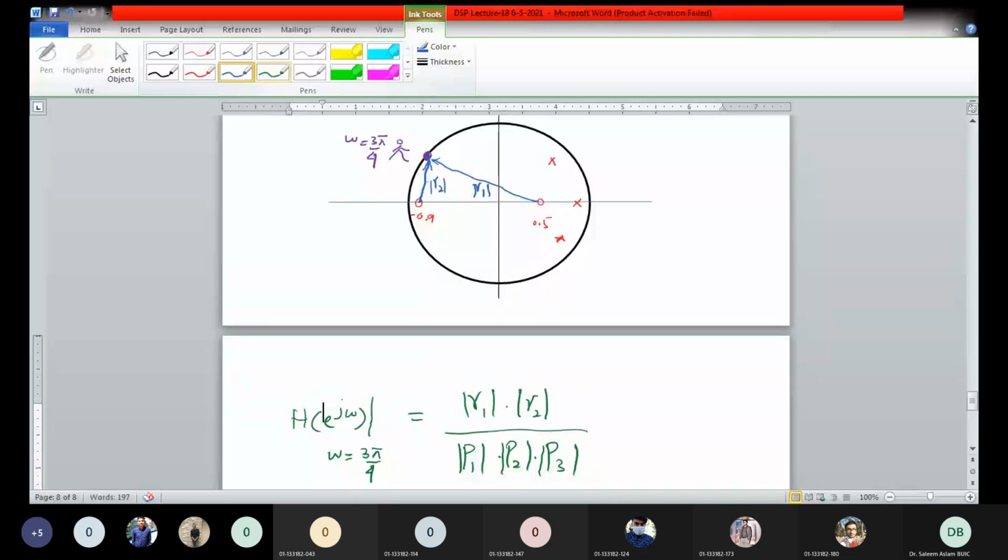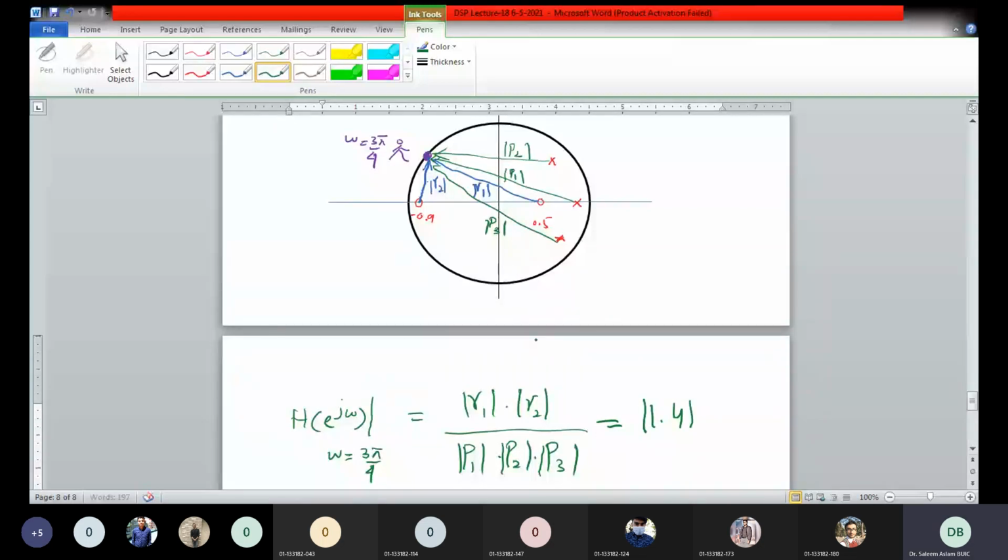Now let's draw this with green color. This could be your P1 mod. This could be your P2 mod. And this could be your P3 mod. Since these are rough estimates, let's roughly estimate the values of R1, R2, P1, P2 and P3. So let's consider the value of R1 from here to here would be 1.4.